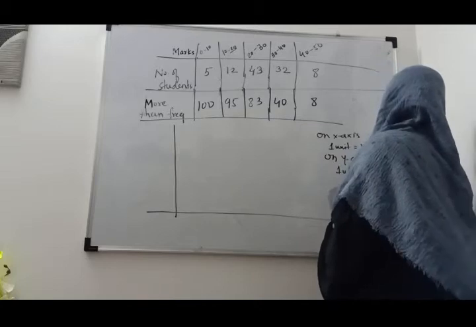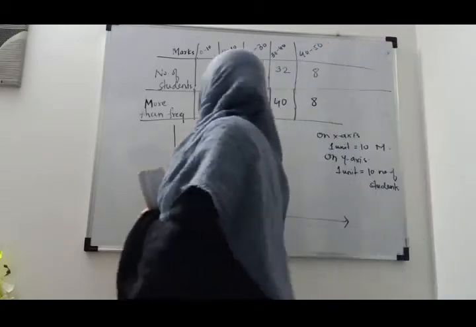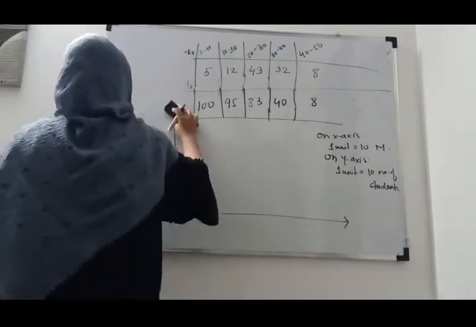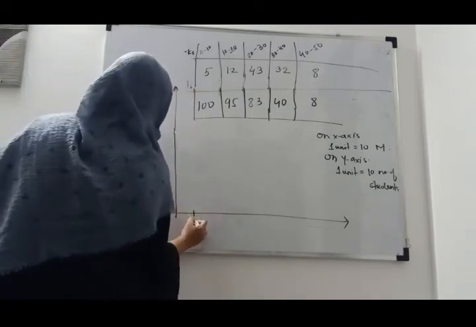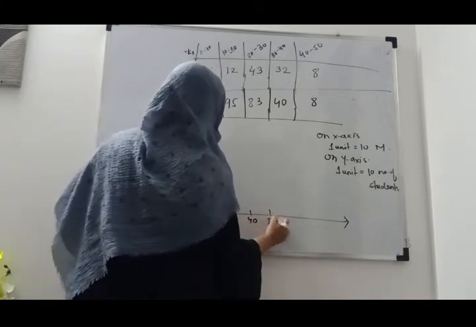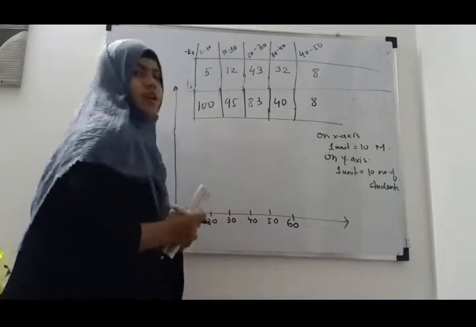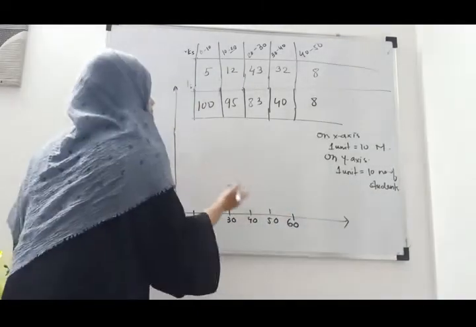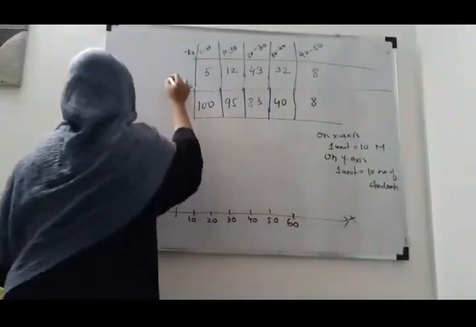So here it will go up till 100. 10, 20, 30, 40, 50. Okay, but here we have to go till 60 because the curve will start from here. Okay, so to touch here we will take one class. So this is your x-axis and this is your y-axis.